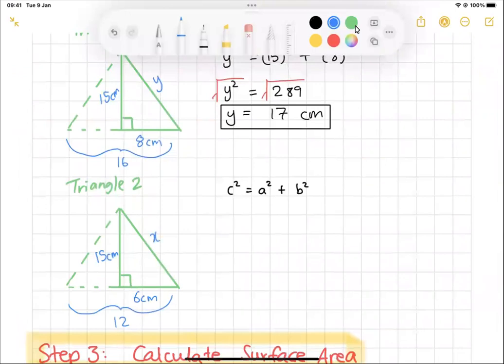And we'll put x as our hypotenuse. Same thing. This will be as x squared equals to 15 squared plus 6 squared, which will equal to, if I put this into our calculator, 261.